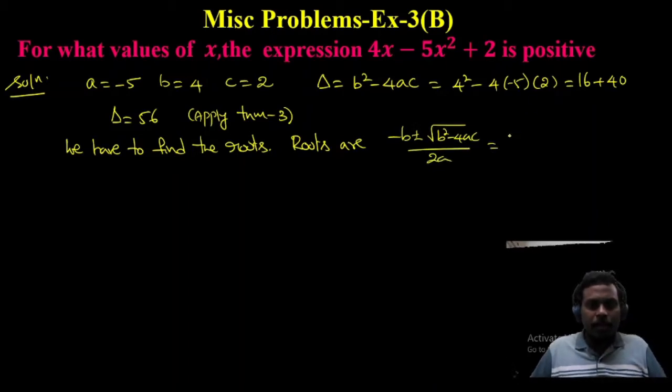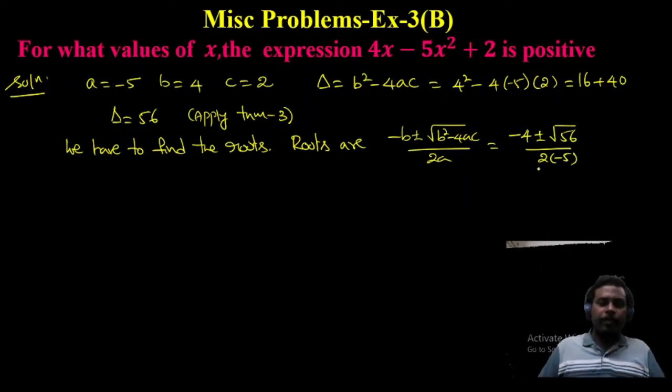So that is minus 4 plus or minus under root 56 divided by 2 into a is minus 5.